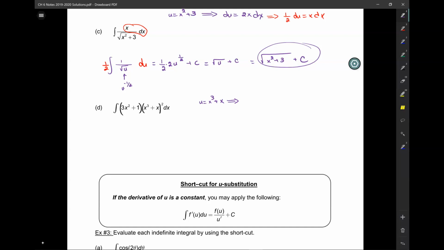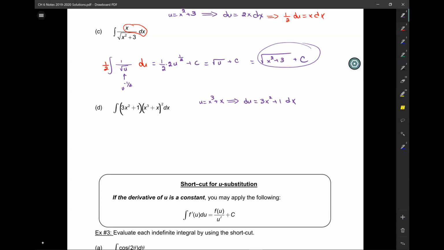Okay, so for x cubed plus x, du is 3x squared plus 1 dx. Look at what you got, right? Isn't that cool? So here is another telltale. Sometimes just by looking at it, you can recognize that one of these is the derivative of the other one. That already tells you that the non-derivative is the one that you pick for your u.